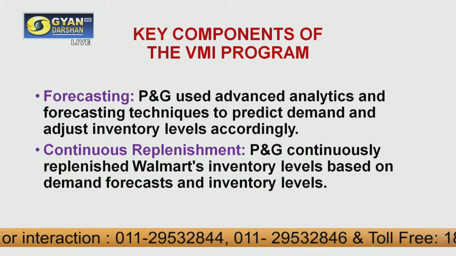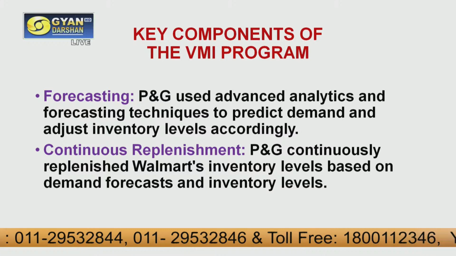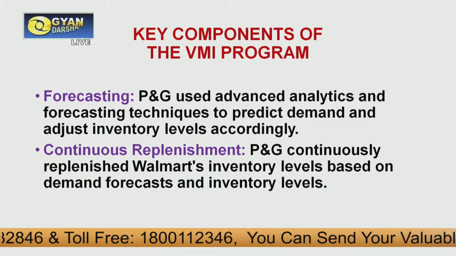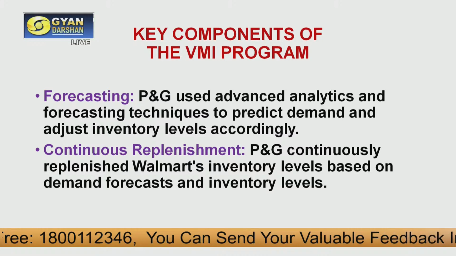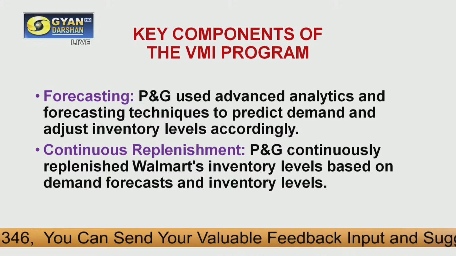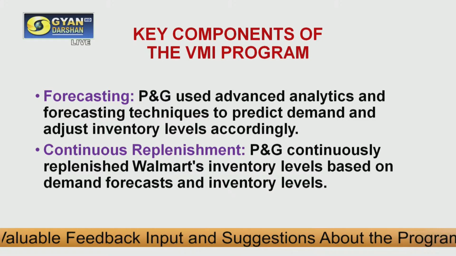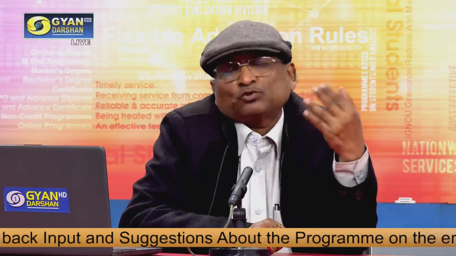And what Procter and Gamble did, they continuously replenished the inventory level at Walmart retail stores on the basis of demand. Suppose demand is 400 units and earlier it was 200.